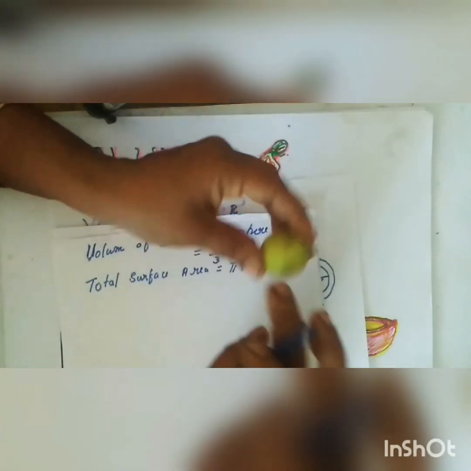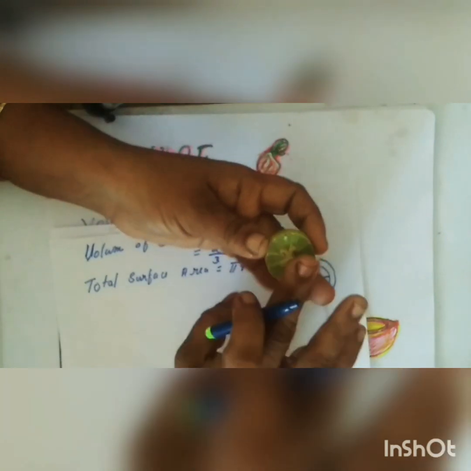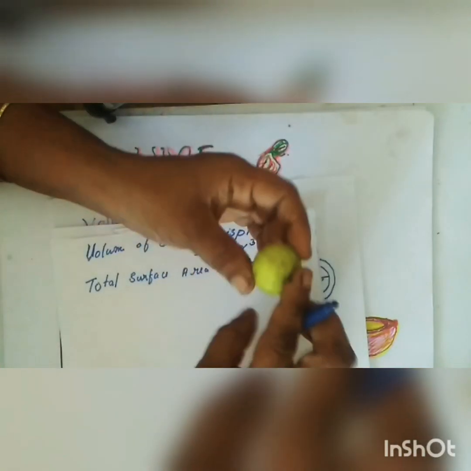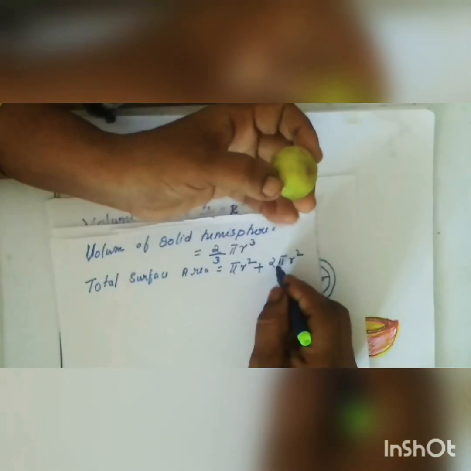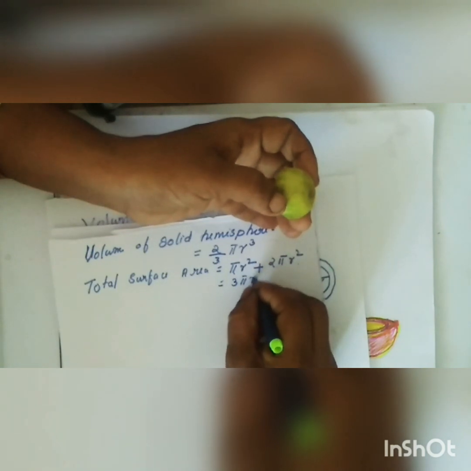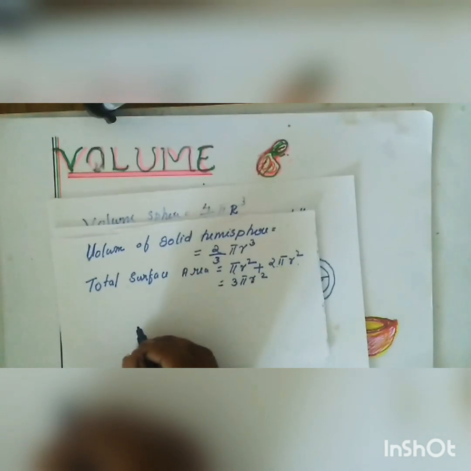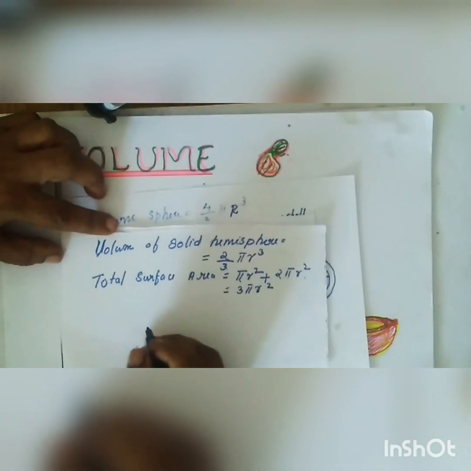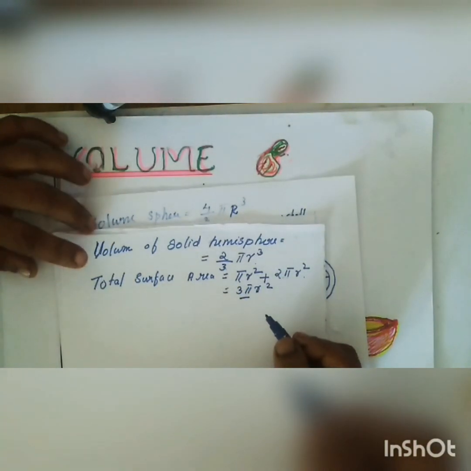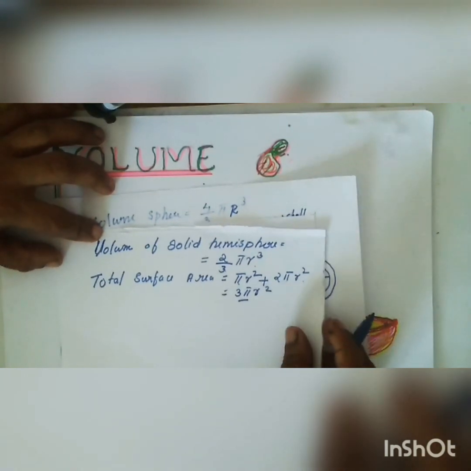Here are two surfaces, curved surface and flat surface. Here the flat surface is a circle. Therefore, we use pi r square, and here it is curved surface. We use 2 pi r square. That is equal to 3 pi r square. Here also volume is represented by cubic meter and area is represented by cm square.